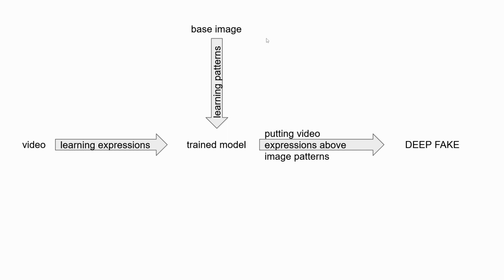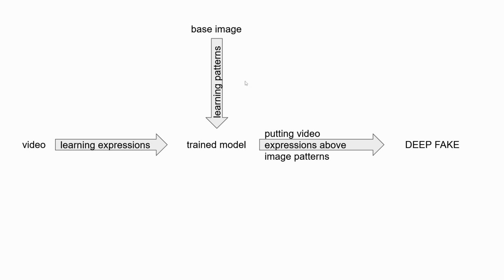What's the background? How is the person in the picture looking? How are her eyes, her mouth, her cheeks, all this stuff. Every facial pattern and everything in the image is learned by the model, so it can later use these patterns to perfectly create this fake.